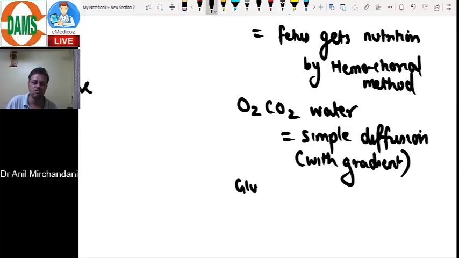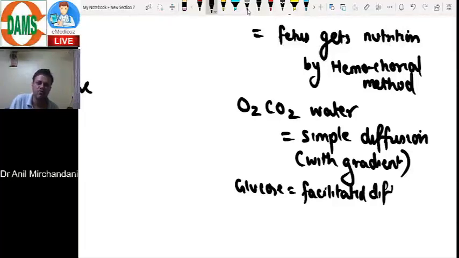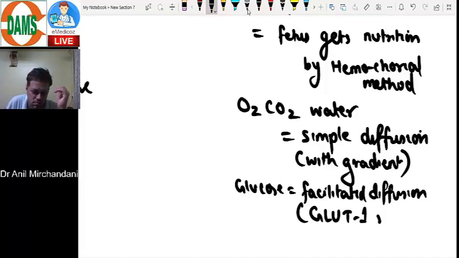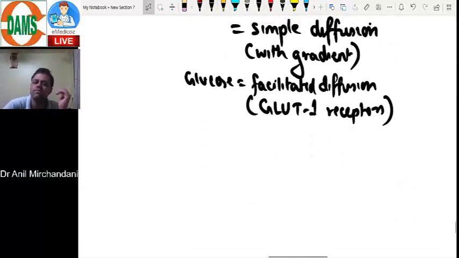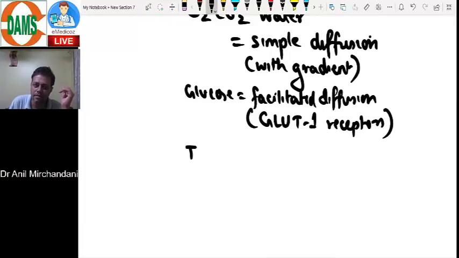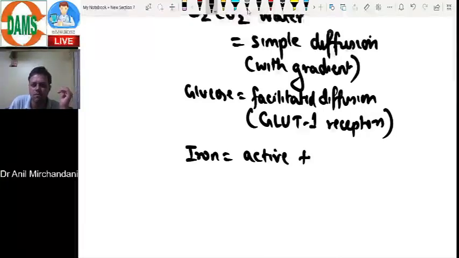Then glucose by facilitated diffusion. There are receptors called GLUT1 receptors. Glucose passes by facilitated diffusion. Then iron passes by active transport, so it is against the gradient.